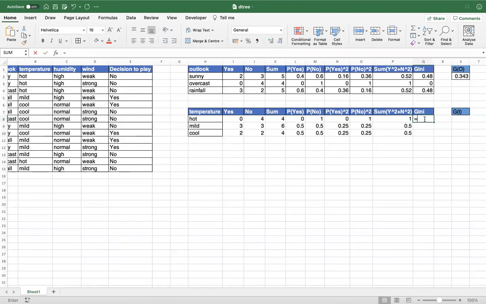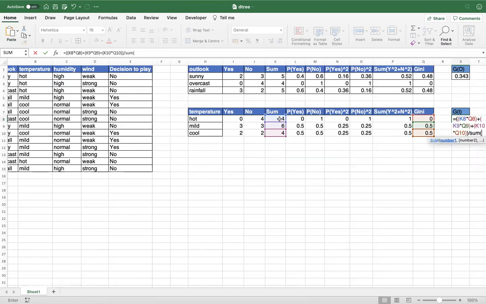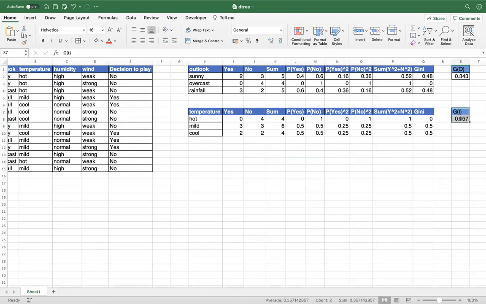And then the Gini index is 1 minus the sum of the squared probabilities. Finally, we calculate the Gini index of temperature: the sum into the Gini index of this, plus the sum into the Gini index of this, plus the sum into the Gini index of this, divided by the sum of all this. So the Gini index of temperature is 0.357.